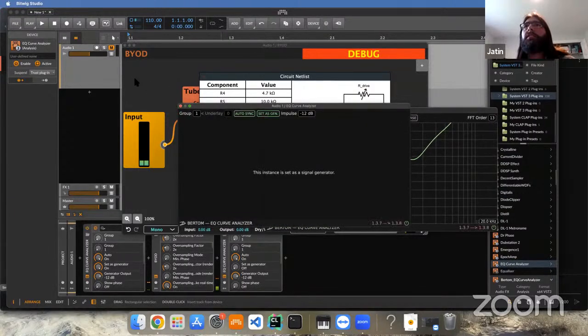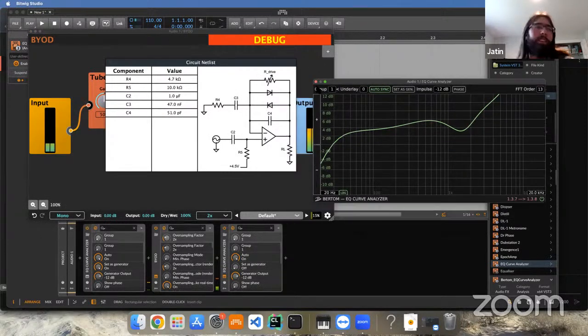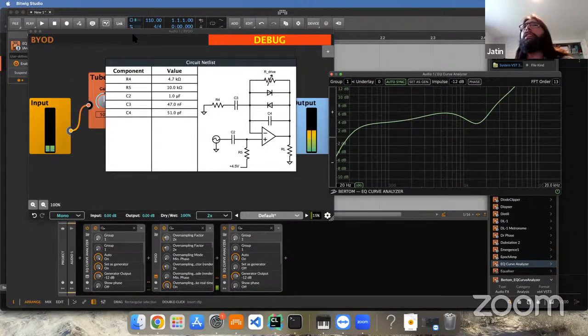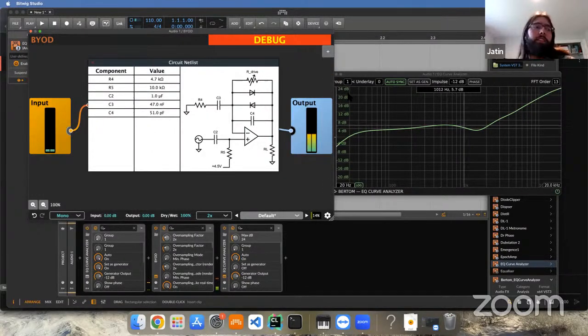Right, so this is not really a good test of anything signal processing related, because this is a nonlinear processor, and the EQ curve analyzer is really only meant to analyze linear processes, but it's still a good proof of concept that changing component values here will affect what the sound of the algorithm is doing.